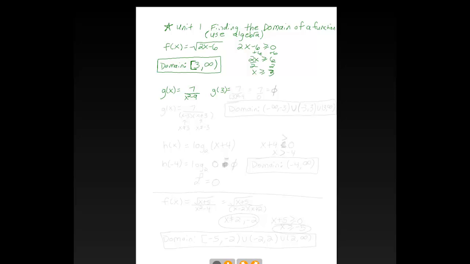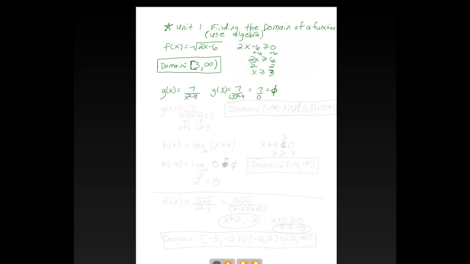If I did g of 3, I would get 7 over 3 squared minus 9. That equals 7 over 0. Well, 7 over 0 is undefined. That does not exist. The 0 with the slash through it stands for the empty set, no solution, does not exist. So 3 would not be a number that is in my domain, because if I plug it in, I'm not getting a real number back.